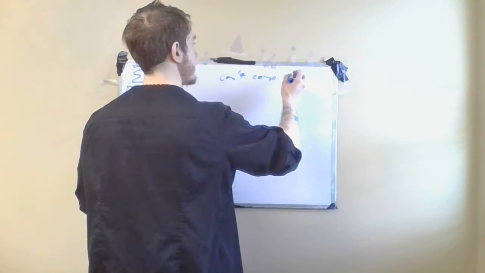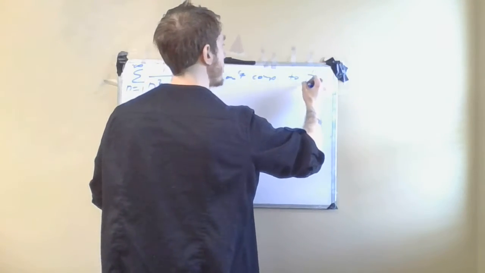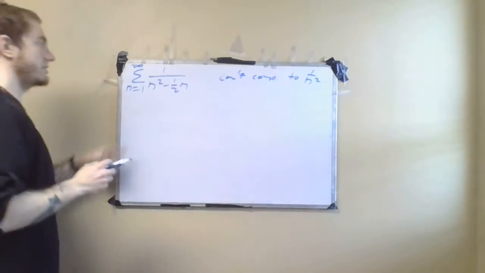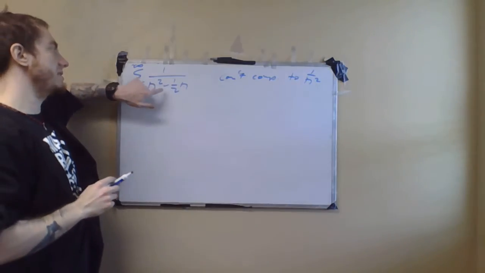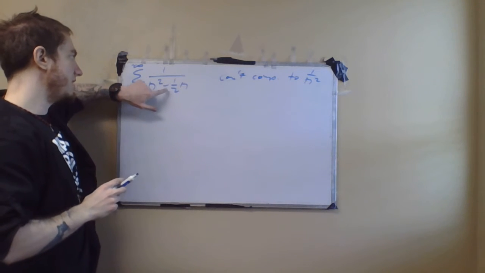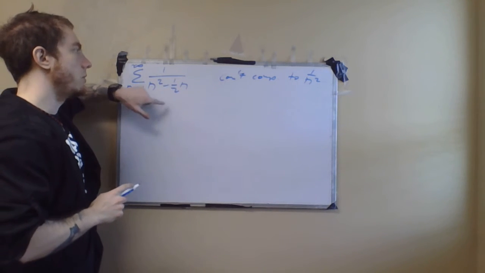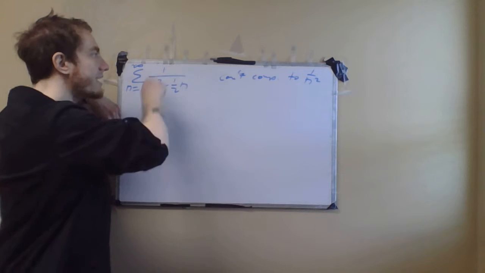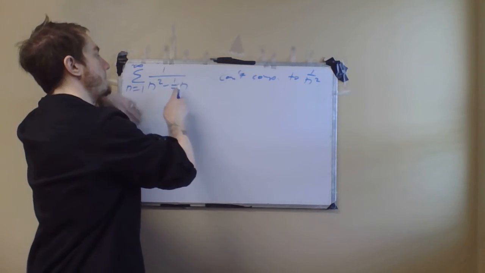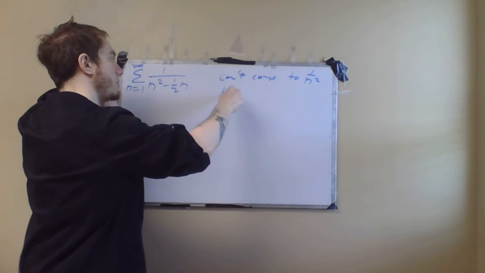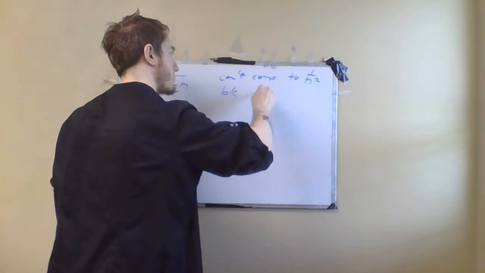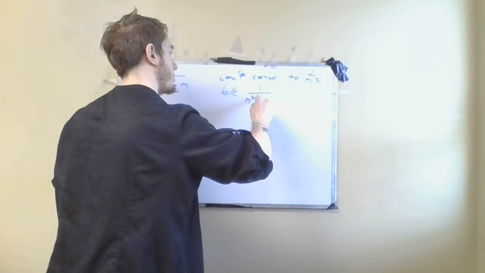We'd like to compare this to 1 over n squared, but it doesn't quite work because the problem is that this denominator is such that the fraction is actually bigger than the 1 over n squared. Let me write down what I mean, because what I just said is probably pretty confusing.